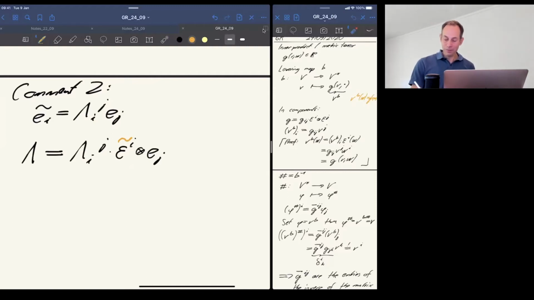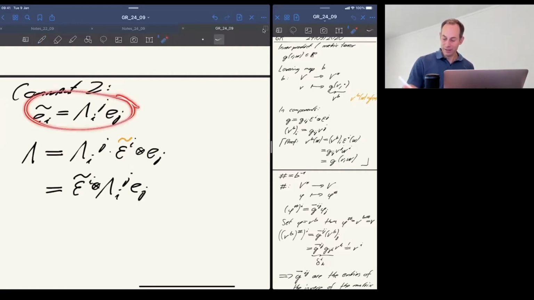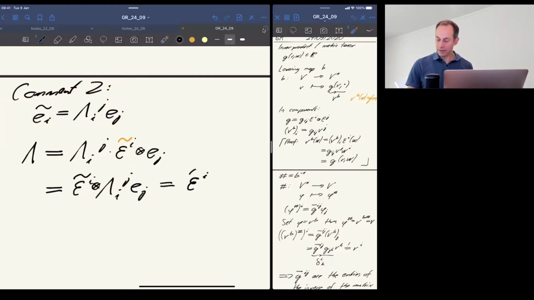Now that's a well-defined tensor, and you can try to understand what it does. To do that, you can first of all use linearity and just write epsilon I at the beginning, and then the lambda ij. So put here the tensor product and then write this. But then when you go back to this here, you see that this is nothing else than just writing E_I tensor E_J downstairs.